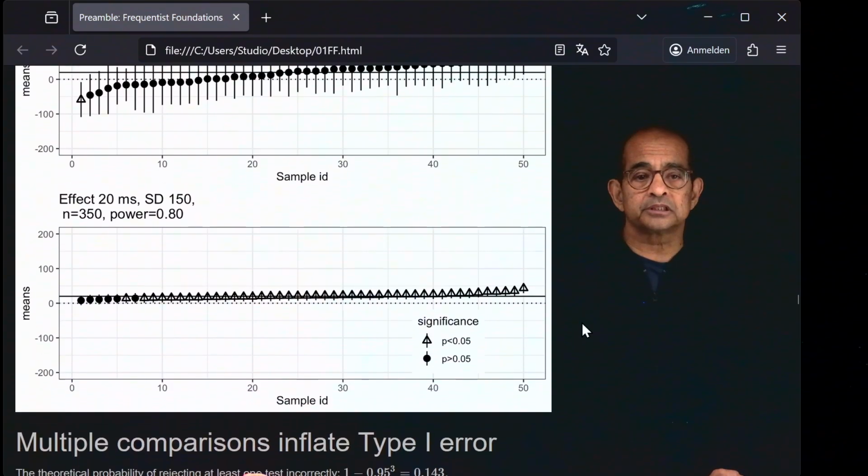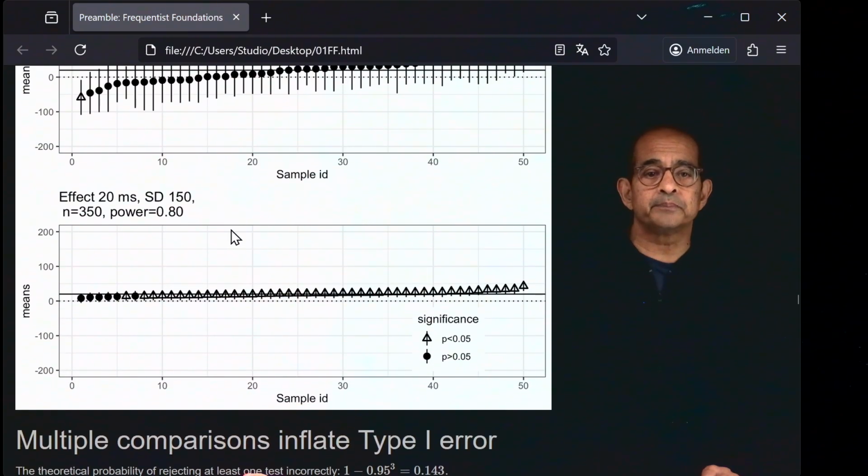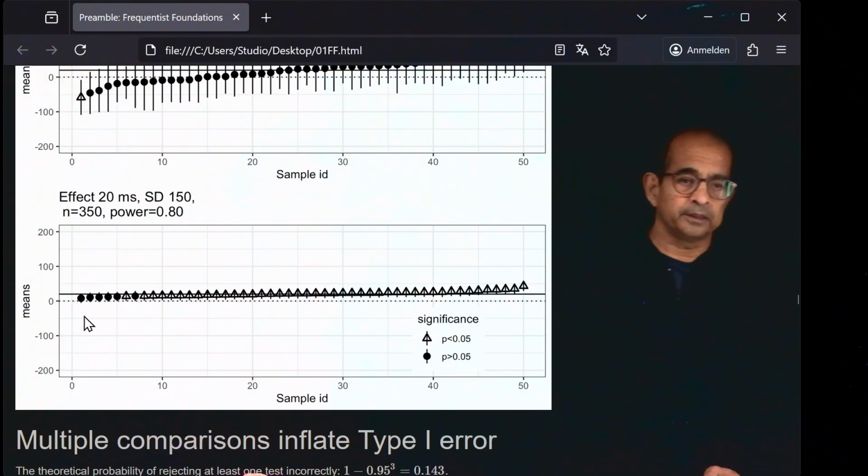Okay? So now think about what happens if we were in a better situation with, let's say, 80% power. I've increased the sample size here, which would increase power. What will now happen, if you repeatedly run the experiment, is that in most cases those white triangles, which represent the significant effects, will appear. You will get evidence against the null, and only in a few cases would you not get evidence against the null hypothesis.